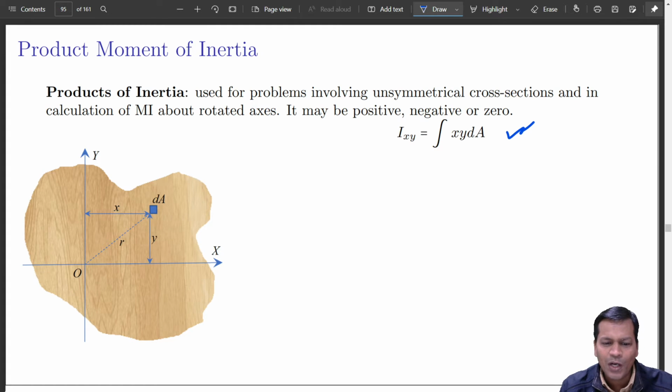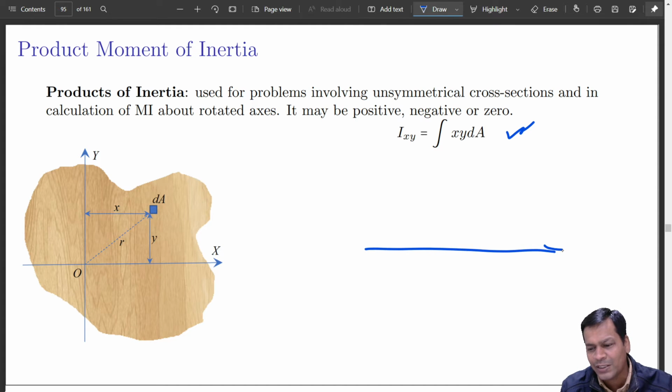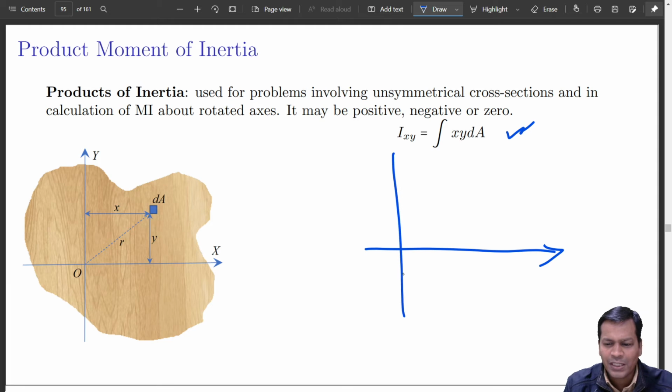So now what is product moment of inertia? It is used for problems that involve unsymmetrical cross sections, and in calculation of moment of inertia about rotated axes. Let us say you know the moment of inertia about this axis and about this axis.